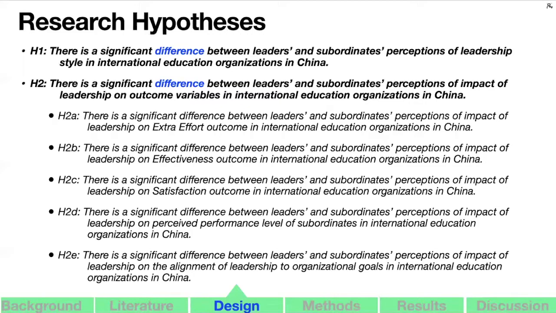So in order to answer these 4 research questions, I needed to posit 4 major hypotheses as well. I'm not going to read through all these hypotheses, but what we should note is that the first 2 hypotheses examine differences between leaders and subordinates. The first hypothesis talks about the difference between leaders and subordinates' perceptions of leadership style. And the second one talked about the difference between leaders and subordinates' perceptions of the impact of leadership on the outcome variables.